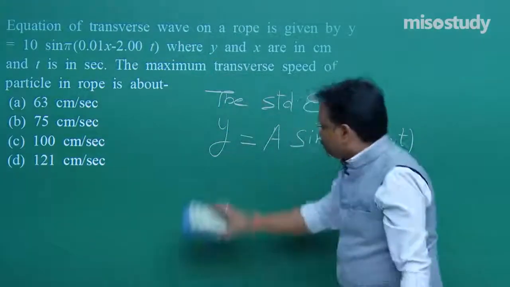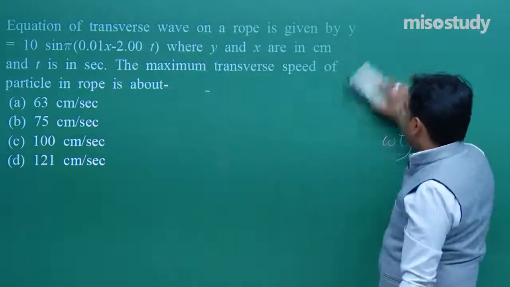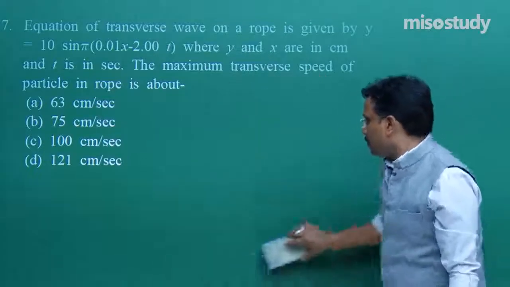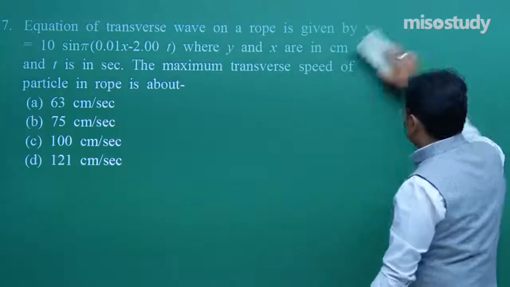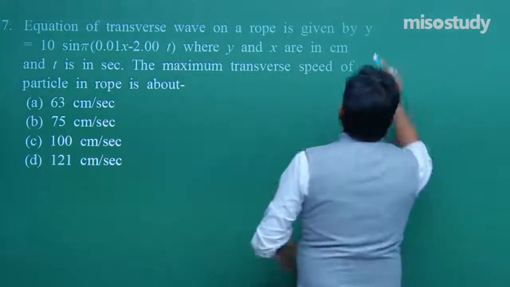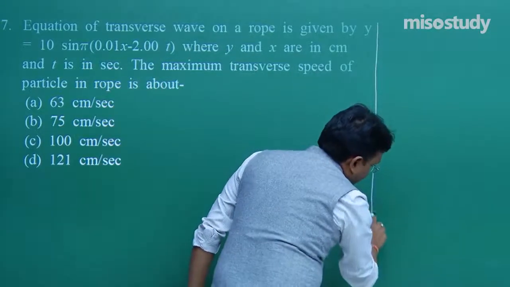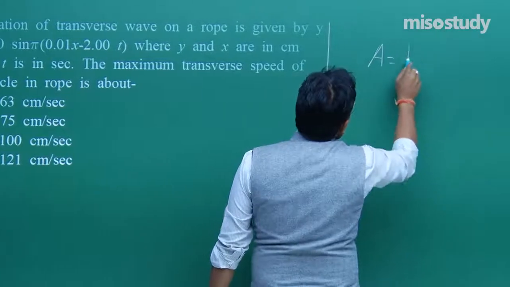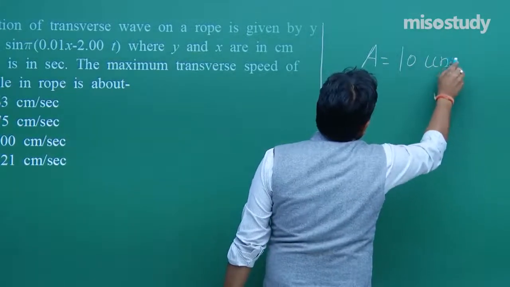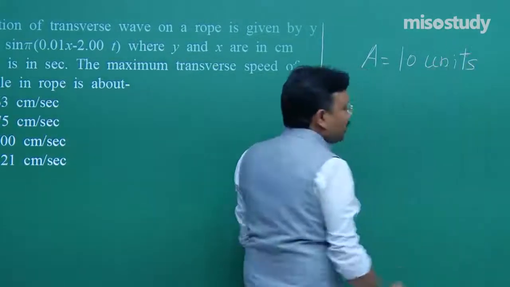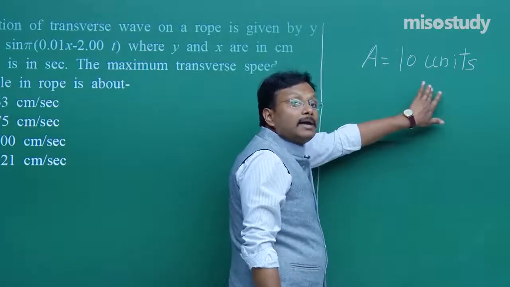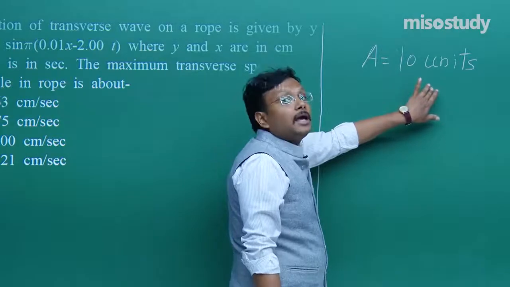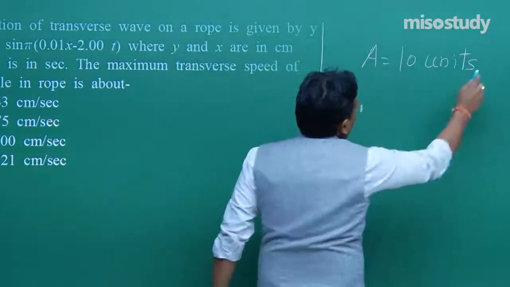Fine. Now, I will use this space to solve this particular question. Fine. My approach is simple. A is equal to 10 units. How we can say? Just by comparing the given equation with the standard equation. Okay.